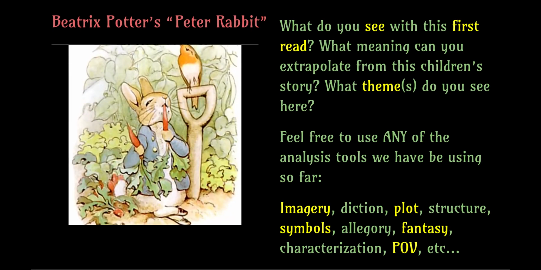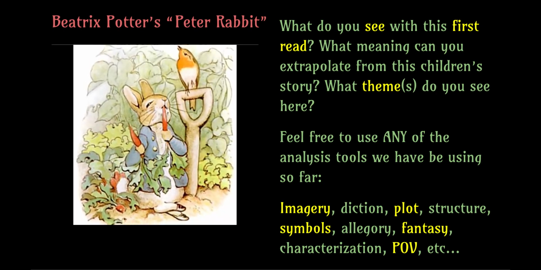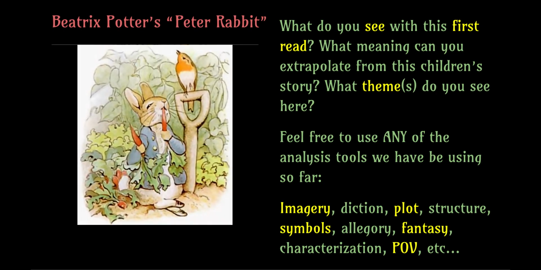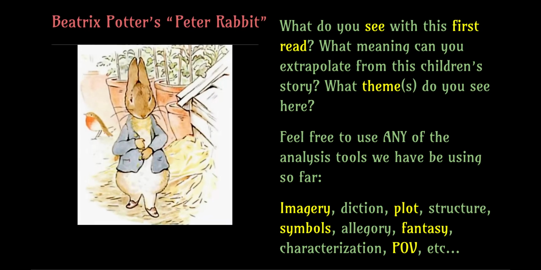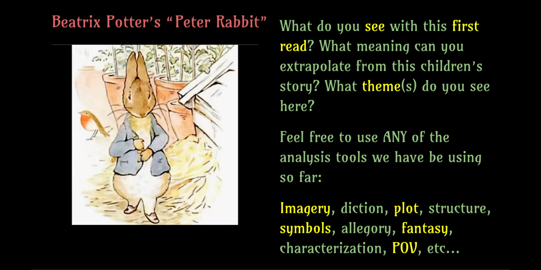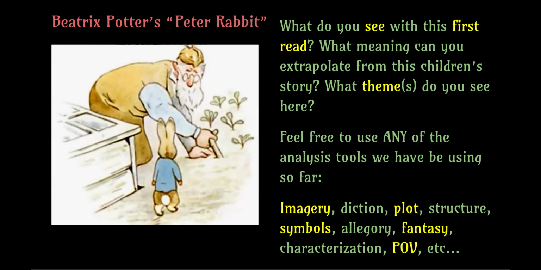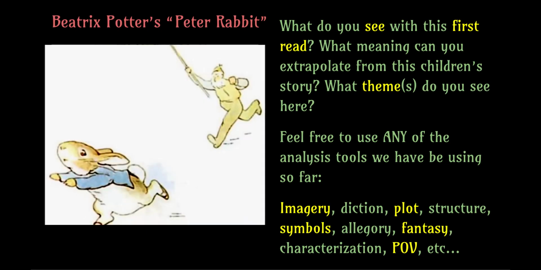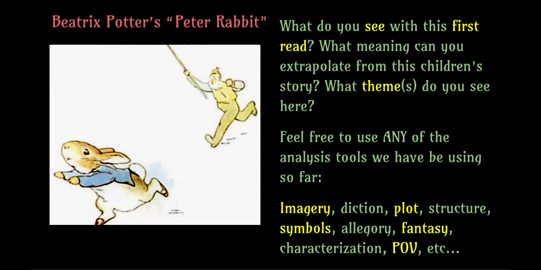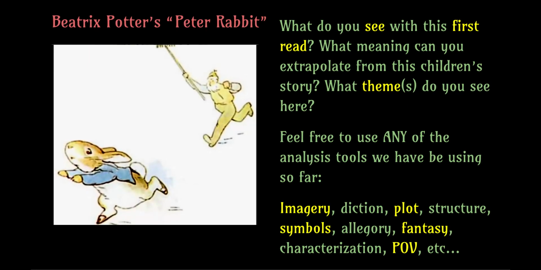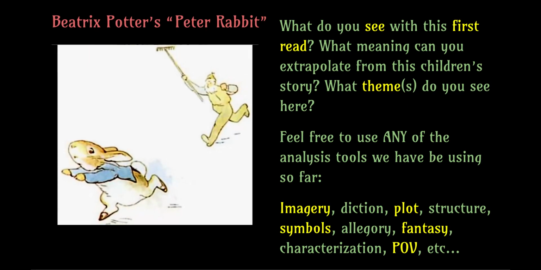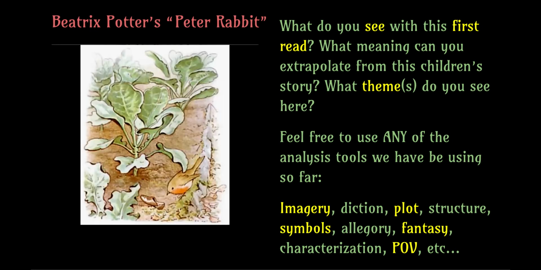First he ate some lettuces and some French beans, and then he ate some radishes. And then, feeling rather sick, he went to look for some parsley. But round the end of a cucumber frame, whom should he meet but Mr. McGregor? Mr. McGregor was on his hands and knees planting out young cabbages, but he jumped up and ran after Peter, waving a rake and calling out, "Stop, thief!"